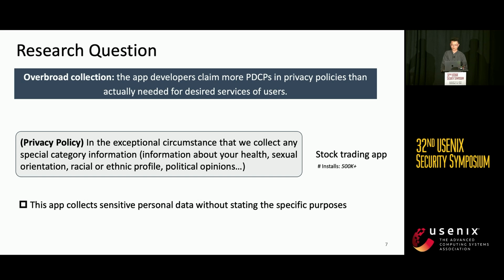This app uses vague statements to describe the collection of sensitive personal data without stating the specific purposes. As a stock trading app, the necessity of such collected personal data may be questionable given the provided services. So in this paper, our goal is to identify those overbroad collections of PDCPs from the privacy policies.